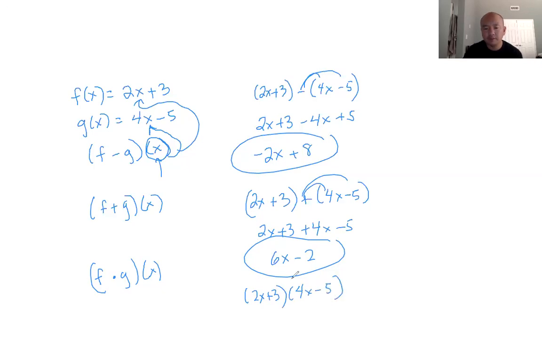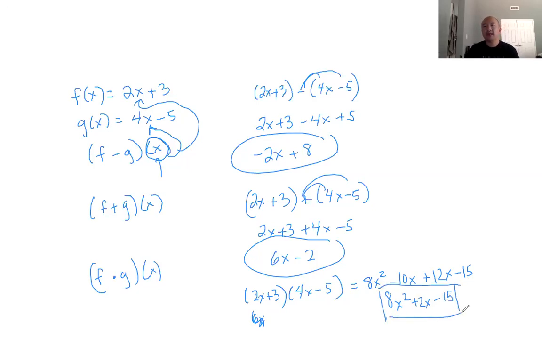But once you FOIL, 2 times 4x is 8x squared. 2x times minus 5 is minus 10x. 3 times 4x is positive 12x, and 3 times minus 5 is minus 15. Then you go from here, it would be 8x squared plus 2x minus 15, and that is your final answer when they ask you to multiply.